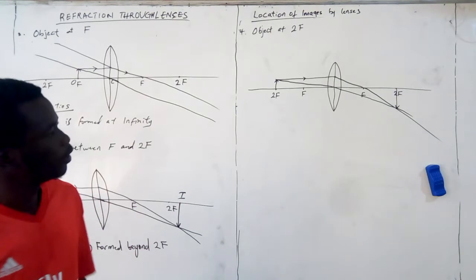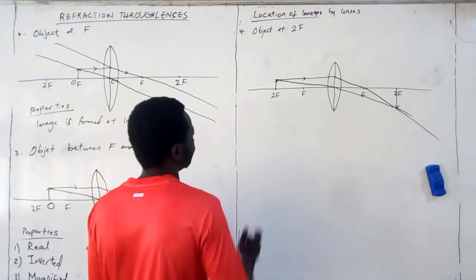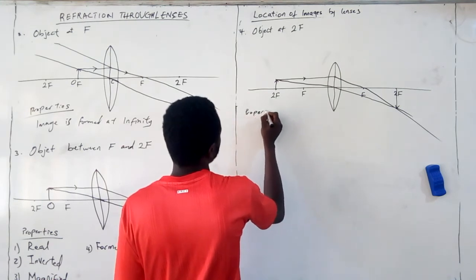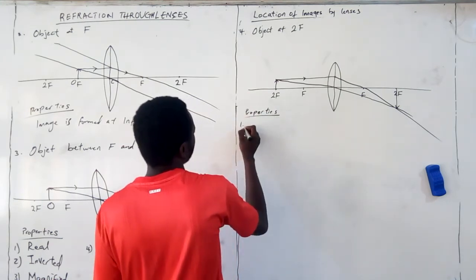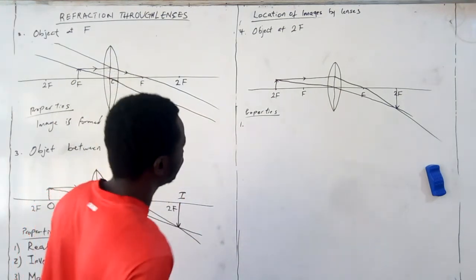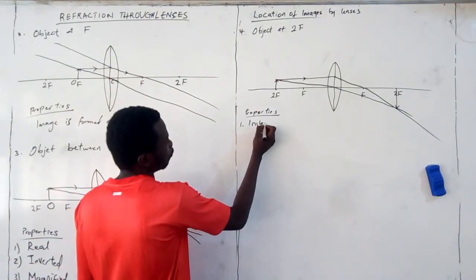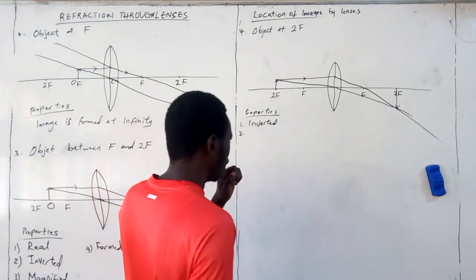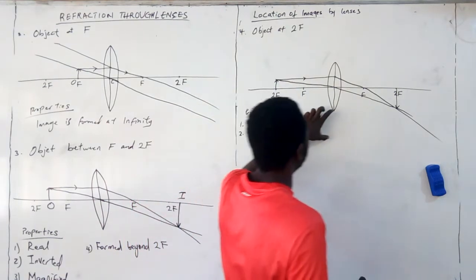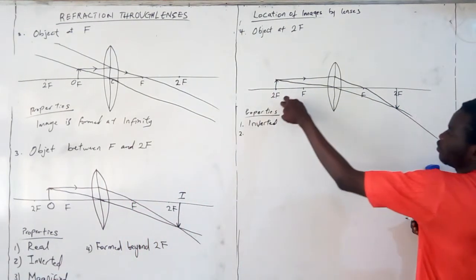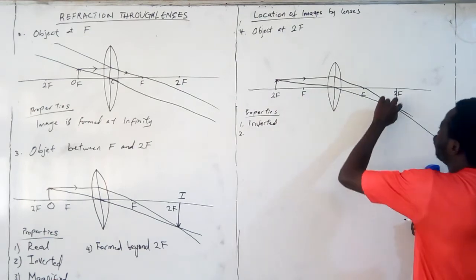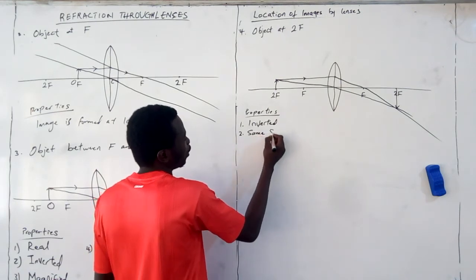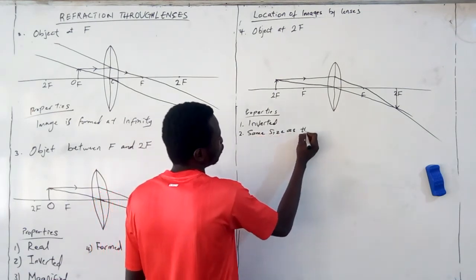So let's look at the nature of the image. One, it is inverted. Then two, if you actually draw this to scale, that is, if my distance from here to here is the same, you should get an image that is the same size as the object.